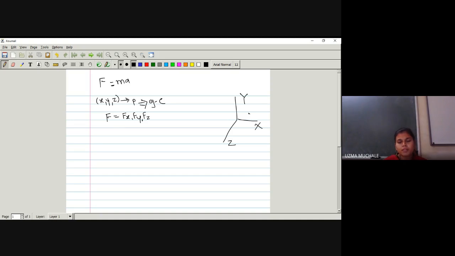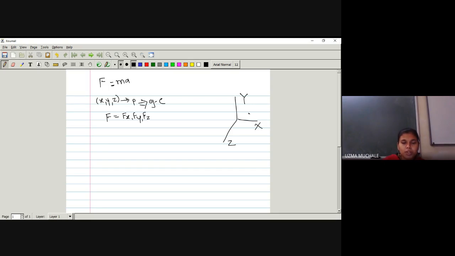This is the component of the force acting in the x direction, the component acting in the y direction, and the component acting in the z direction, right? Whenever you apply a force, that force acts in every direction. If you were applying it in a single direction, that would be a different thing. But here, what is given to us is a particle moving in the 3D space.